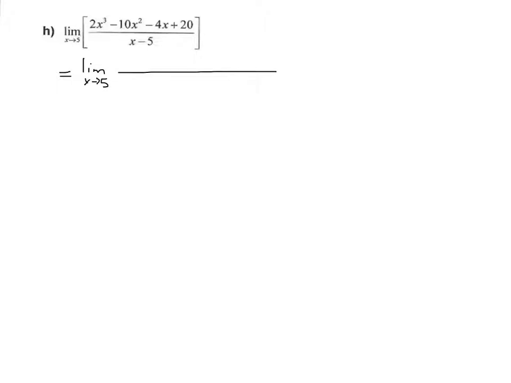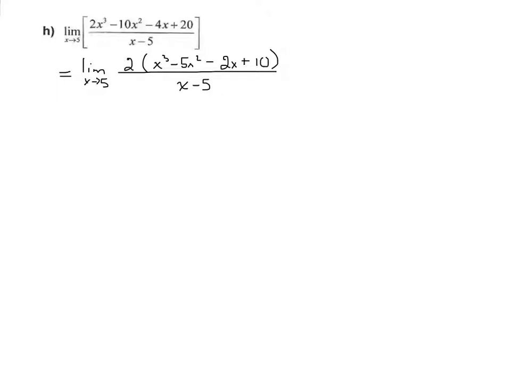So we take that out. 2 times x cubed minus 5x squared minus 2x plus 10 all over x minus 5.